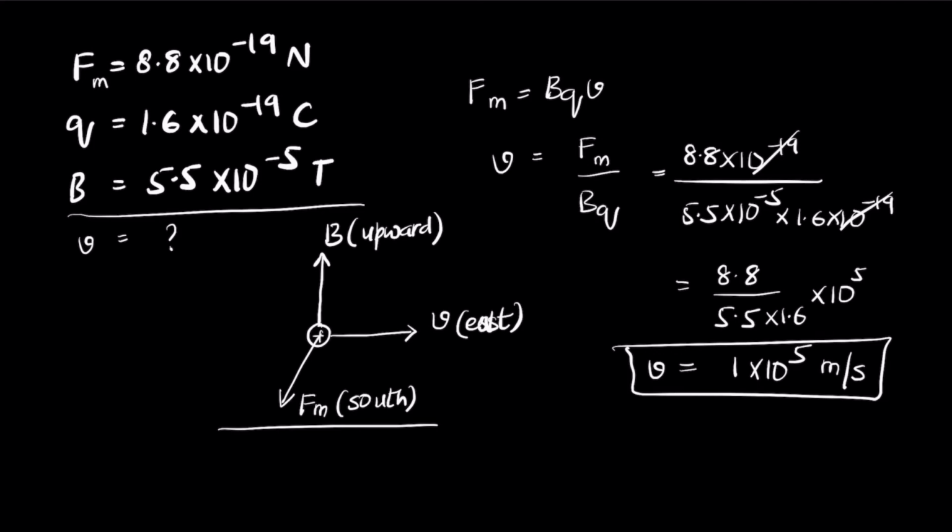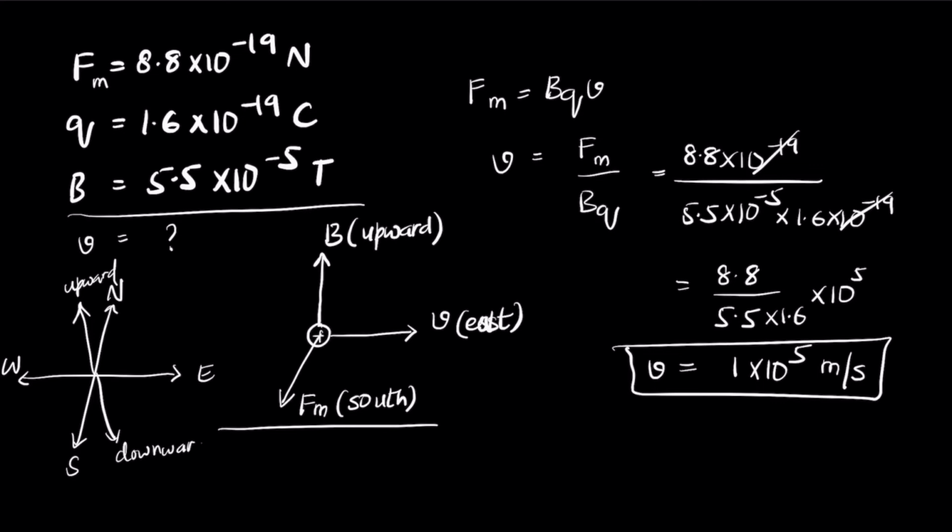When you draw directions, this is north, south, east, west. This arrow represents upward, and this arrow represents downward. All of them are perpendicular to each other. So this is how you can write down the answer.